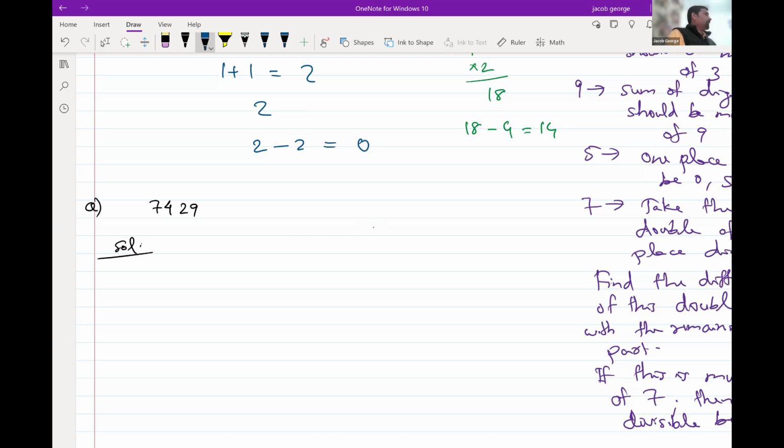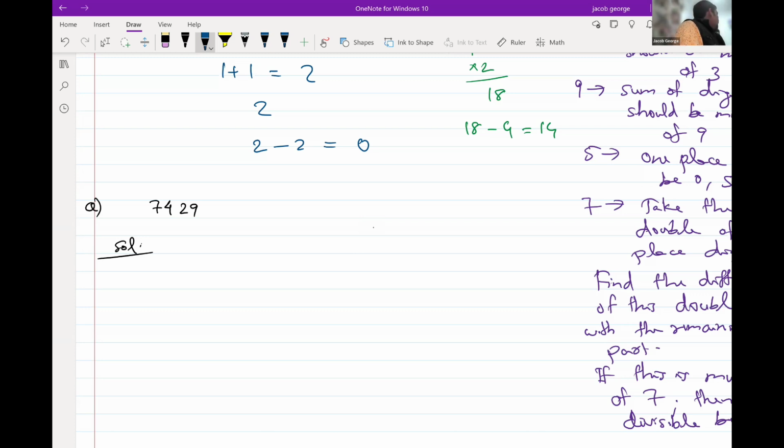Is it divisible by 7? Take the double of 9, 2 nines are 18. Then 742 minus 18, we get 724. 724 is not divisible by 7.